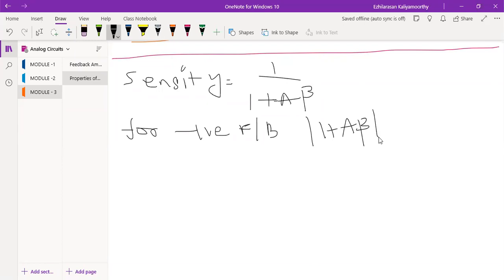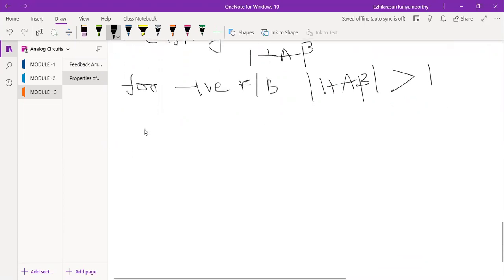The magnitude of 1 plus A beta will be greater than 1 actually. If 1 plus A beta is greater than 1, then what about the sensitivity? The sensitivity will be less than 1, very much less than 1 since 1 plus A beta is very much greater than 1.